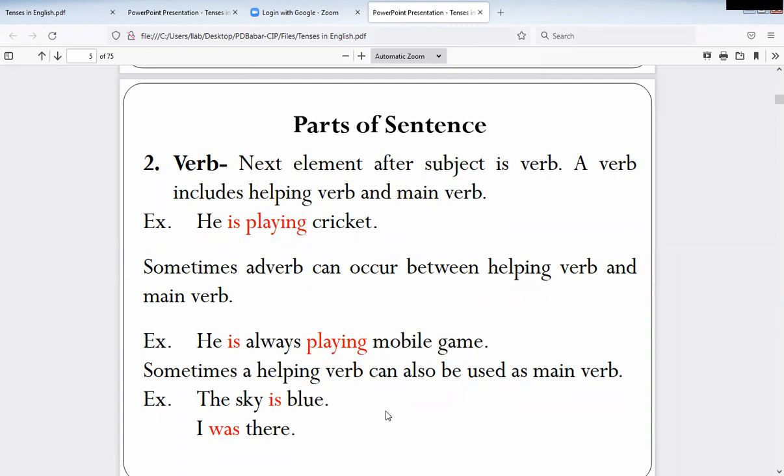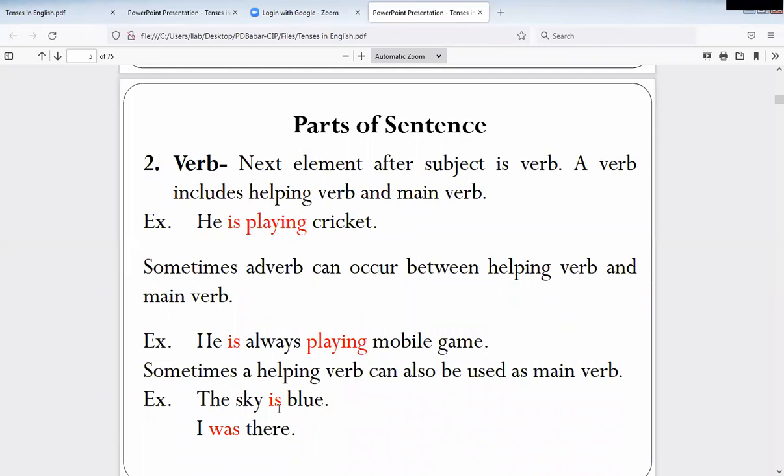There is no main verb in the sentence. There is only an auxiliary verb, and it is is.